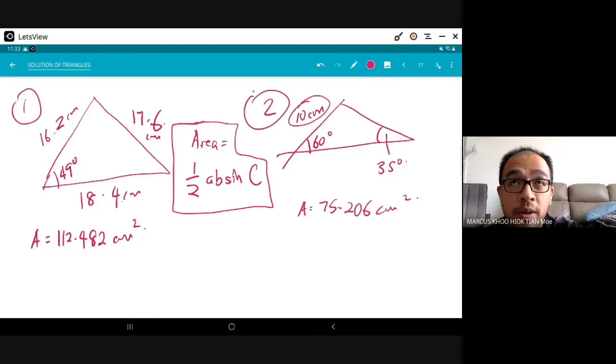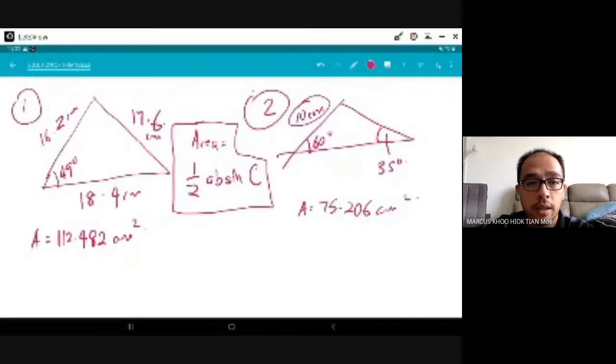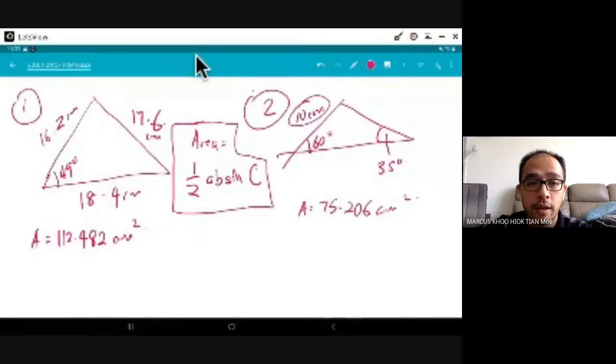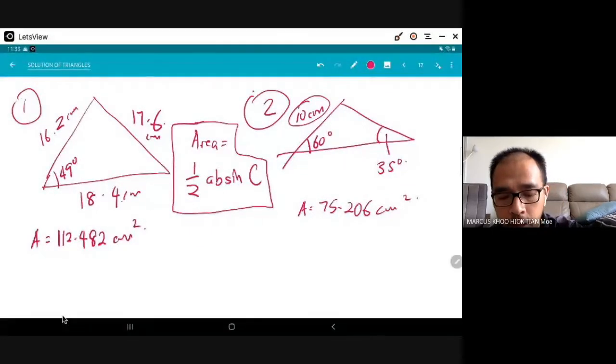Can you tell me how you got the side? Okay, 180 minus 60 minus 35, to get 85 degrees. Okay, very good. And then after that?